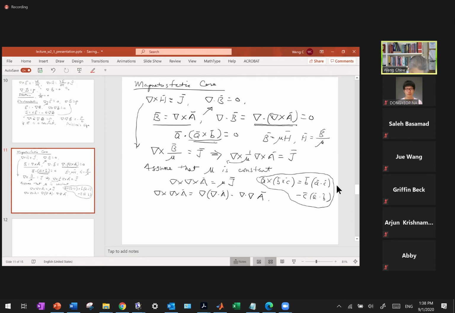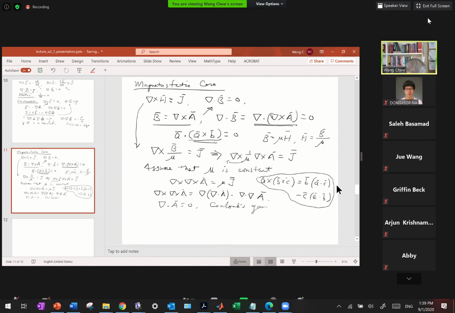Okay? So we are going to make one more assumption to make things simpler, which is to assume that the divergence of A is equal to 0. This is usually called a gauge, the Coulomb gauge. If you assume the Coulomb gauge, then this term goes to 0.